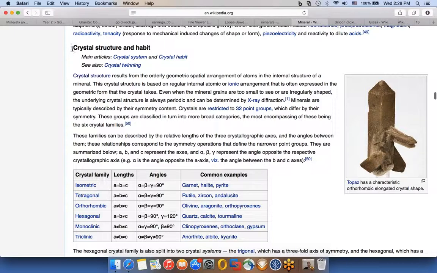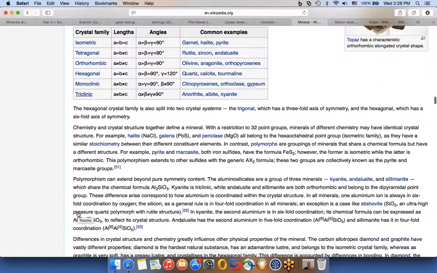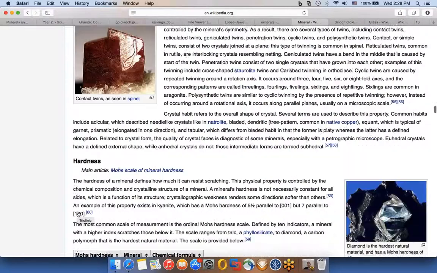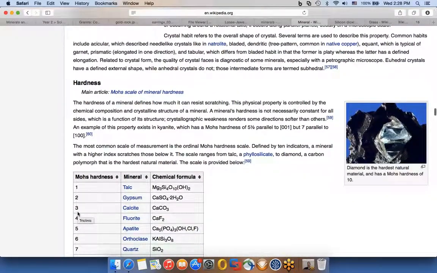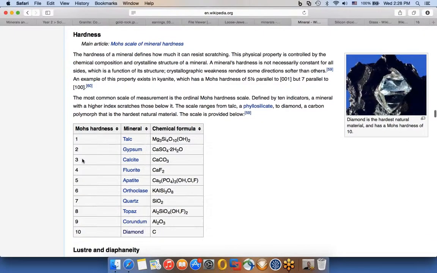For example, the crystal structure, we have the different types of crystal structures. And then it talks about hardness. Talc, hardness of 1, so minerals are classified by different hardness, and different minerals have a number.